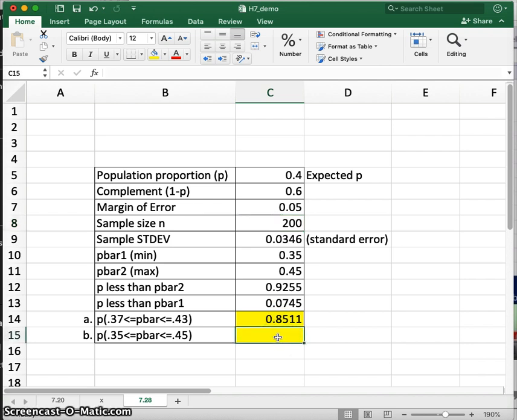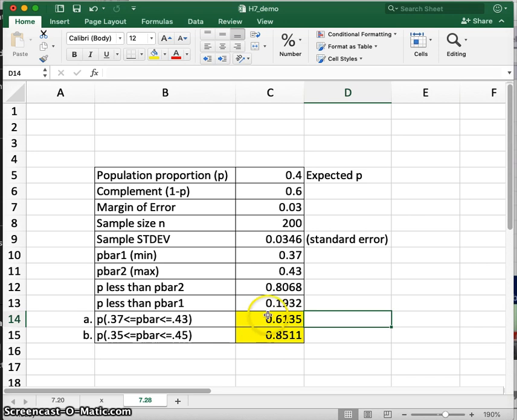So I'm just going to copy that down here, 0.8511, and then I'm going to change this back to 0.03. Those are the answers to this problem.